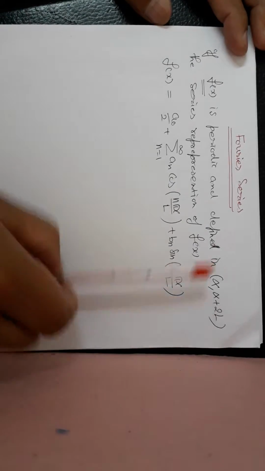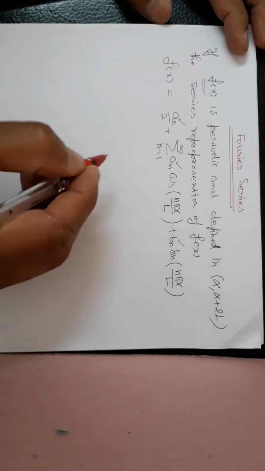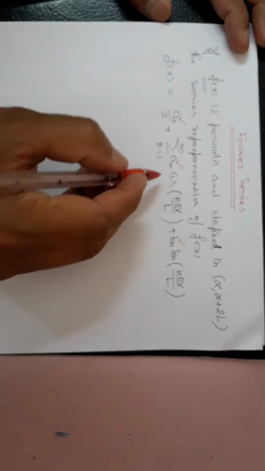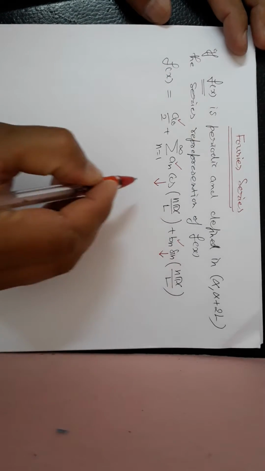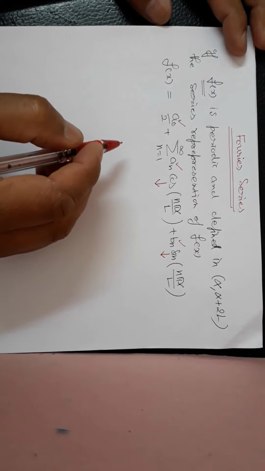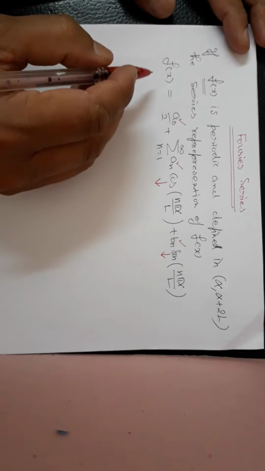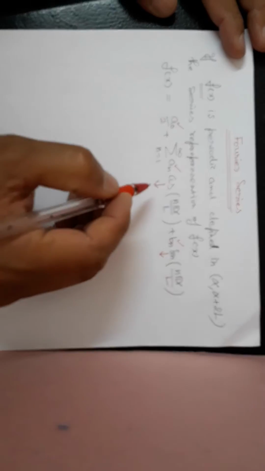Here a naught, a_n and b_n are called the Fourier coefficients, because the series is in terms of trigonometric series, sine and cosine terms. So this is the Fourier series representation of any function in terms of trigonometric functions.